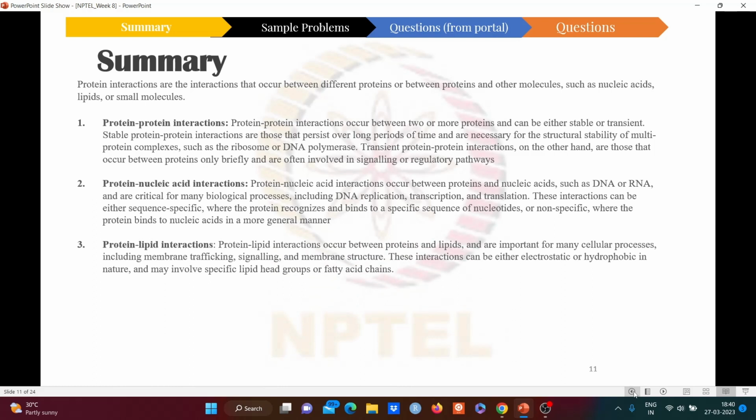Here are the protein-lipid interactions. These are important for many cellular processes, including membrane trafficking, membrane signaling, and membrane structure formation.